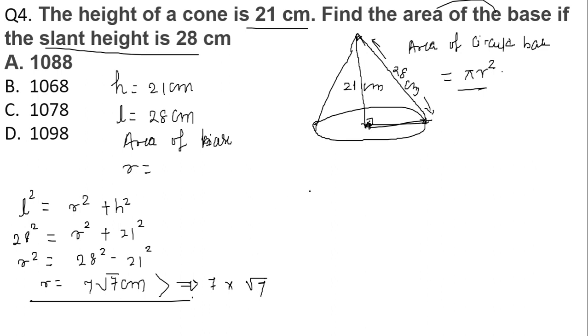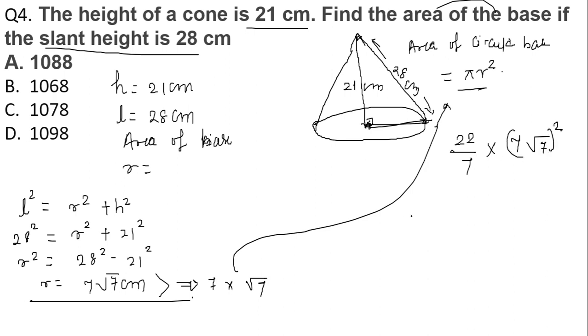Now I'll put the value of r in the formula, area is equal to pi r square. The value of pi is 22 upon 7, into r square, that is 7 into under root of 7, whole square. Here 7 got cancelled.